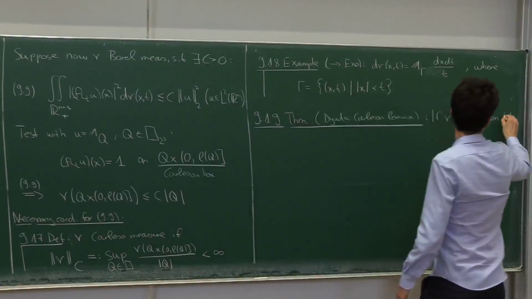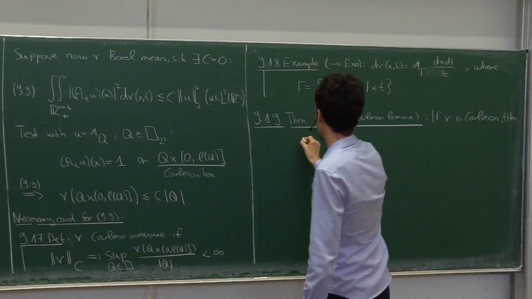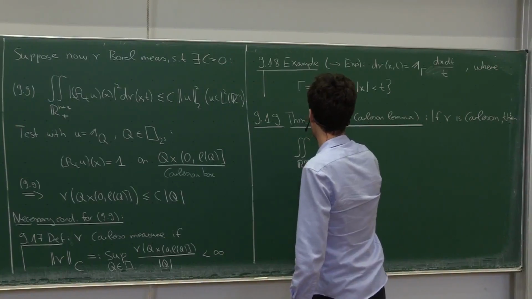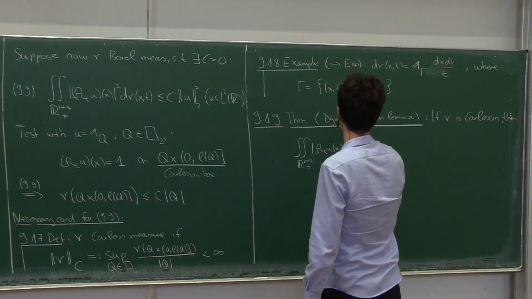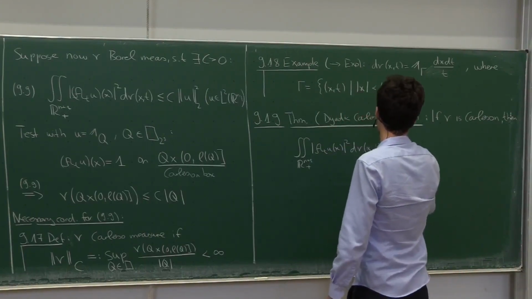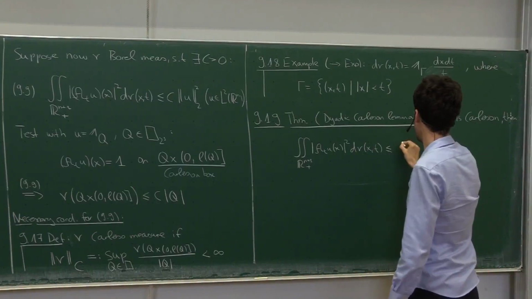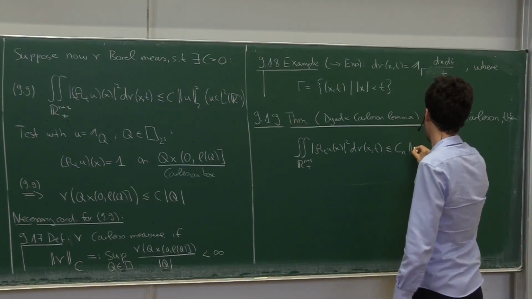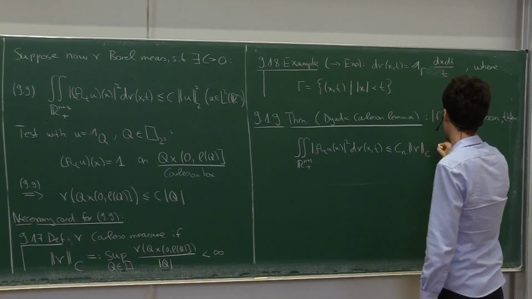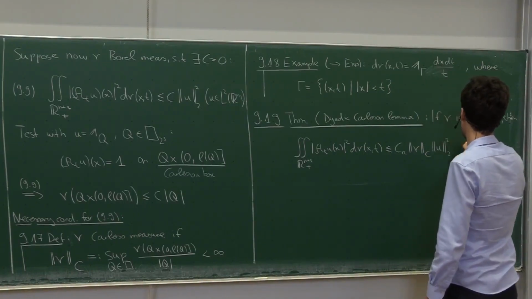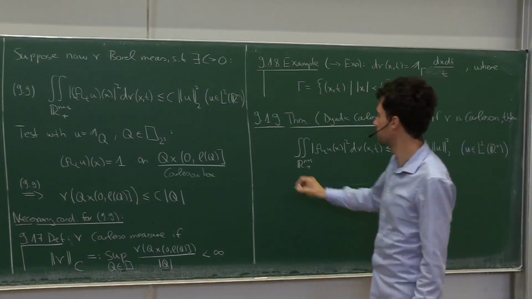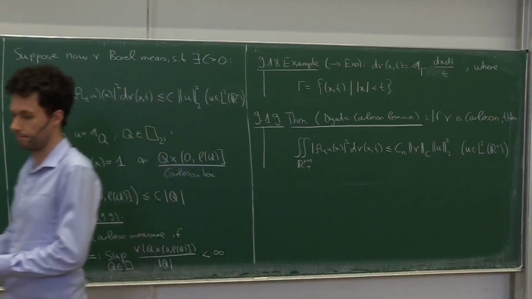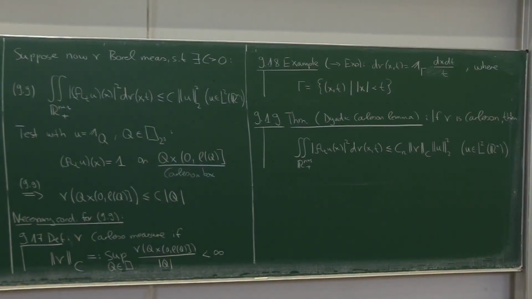Then the integral over R^{n+1}_+ of A_t u(x) squared with respect to this measure is controlled by a dimensional constant C_n times the Carlson norm of the measure times the L2 norm of u squared, and this works for all u in L2 of R^n. Do you have questions on that?